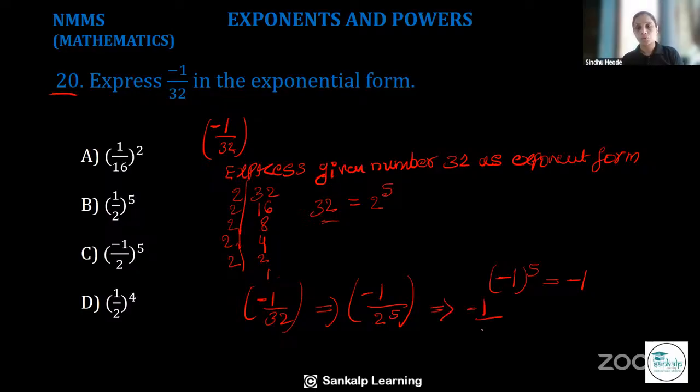So 1 by 2 whole raised to 5, both are same. Minus 1 by 2 whole raised to 5 is equal to minus 1 by 32. So we can express minus 1 by 32 in the exponential form as minus 1 by 2 whole raised to 5. So your option C is the correct answer.